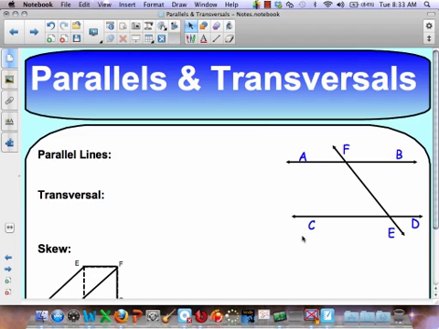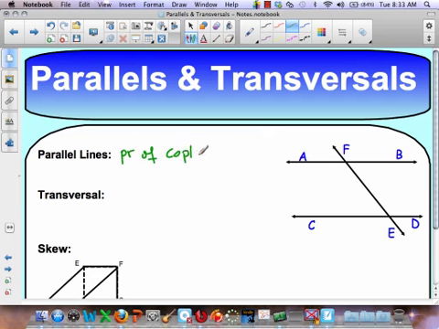So basically parallel lines are two lines that do not intersect. And the other key to that is they have to be coplanar. All right, so parallel lines are a pair of coplanar lines that do not intersect.